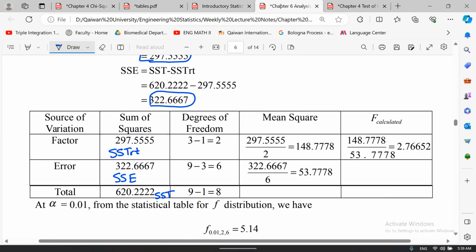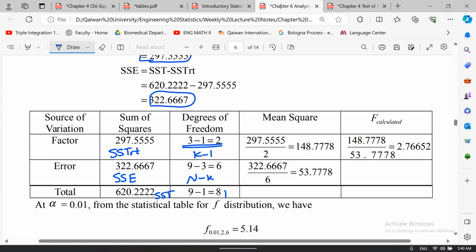Now we have K and N. In this box, we write down K minus 1. K is the number of columns. We have three. We have three groups. Okay? And in the second, we have capital N minus K. Capital N is the total number of elements, which is 9, minus K, which is 3, and you get 6.